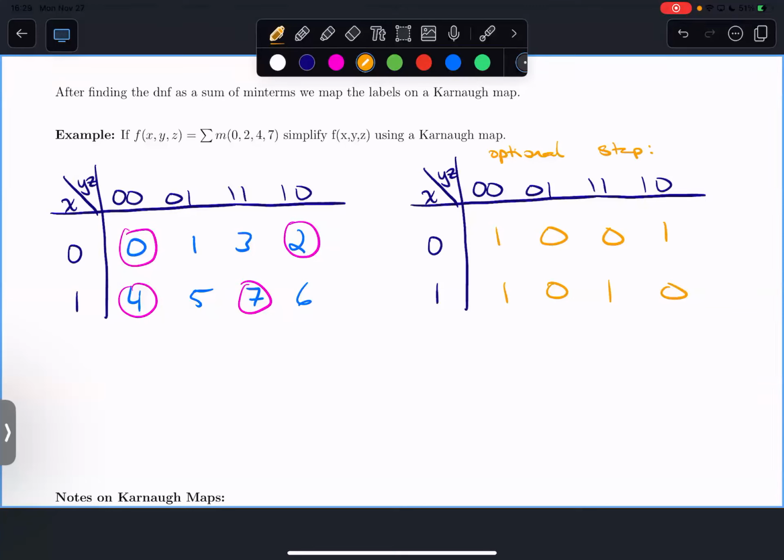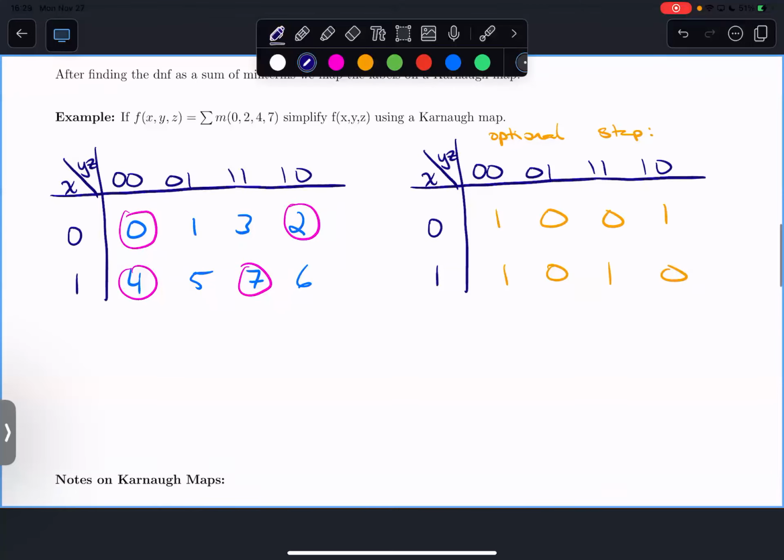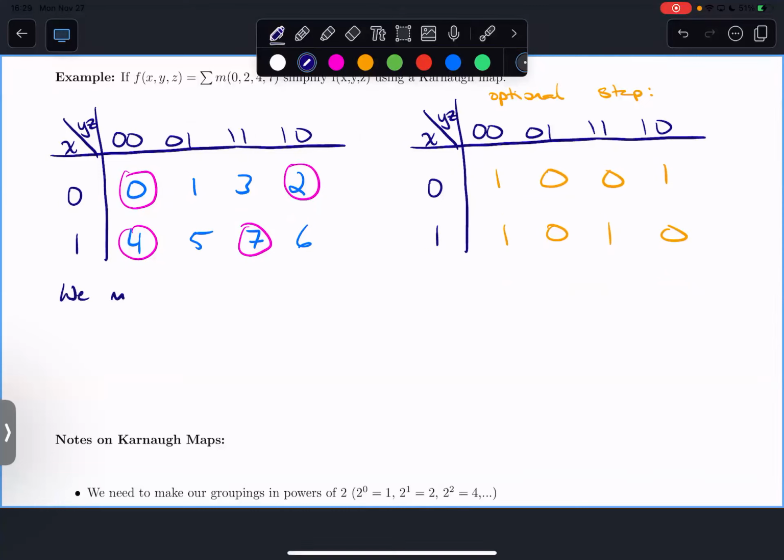If it helps you see groups of 2, 4, 8, potentially 16, and so on and so forth, then that's what you need to do. So what we're going to do is we make groups of powers of 2.